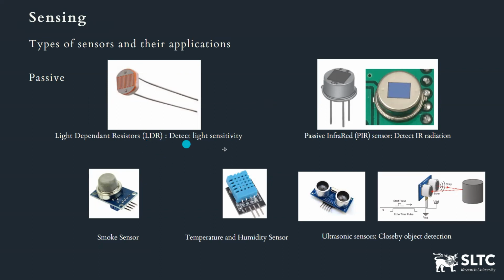They can detect the light sensitivity, and based on the light sensitivity, the resistance of this resistor will change. The resistance will either increase or decrease based on the light sensitivity.